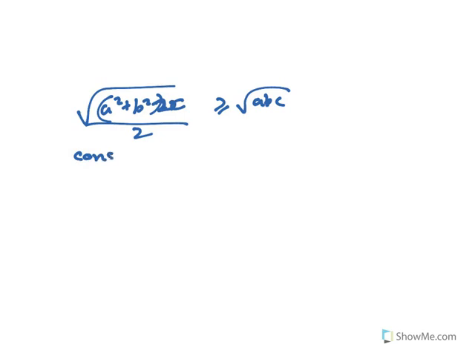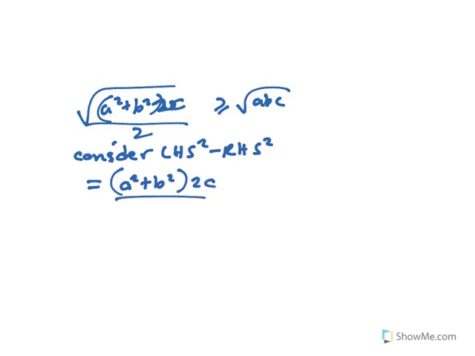Okay, so let's consider in this proof left-hand side squared minus right-hand side squared. So that's going to be A squared plus B squared times 2C over 4 minus ABC. Because when you square the square roots, you get rid of the root.